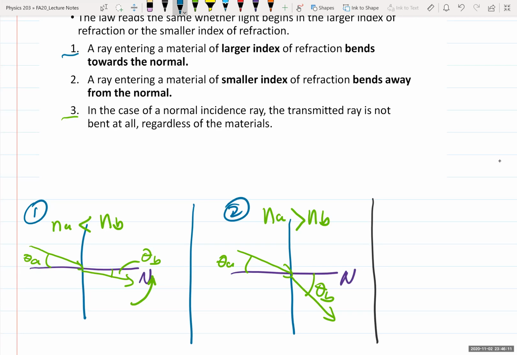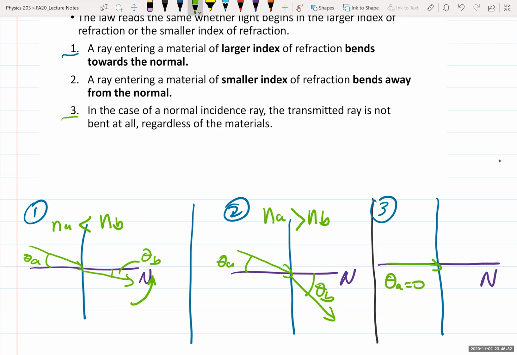This is case number three. Here's the surface, here's the normal, once again. An incident ray that is normal means the ray is coming in this direction, and theta sub A will be equal to 0.